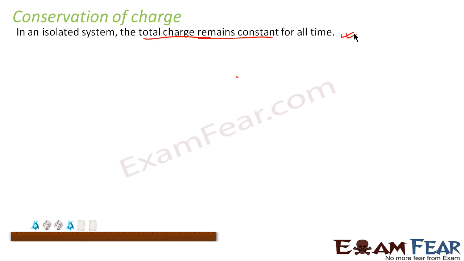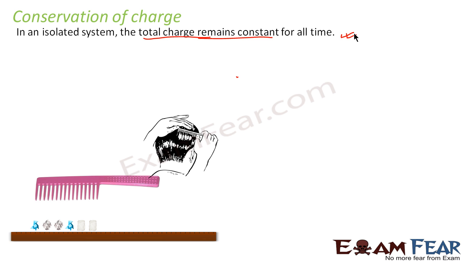When the comb was rubbed with your hair, the comb acquired some charge. So the total charge of the comb plus hair before the rubbing is equal to the total charge after the rubbing, because after rubbing the comb becomes negatively charged and the hair becomes positively charged, so the net charge again becomes the same. So before charging and after charging, the total charge remains the same.